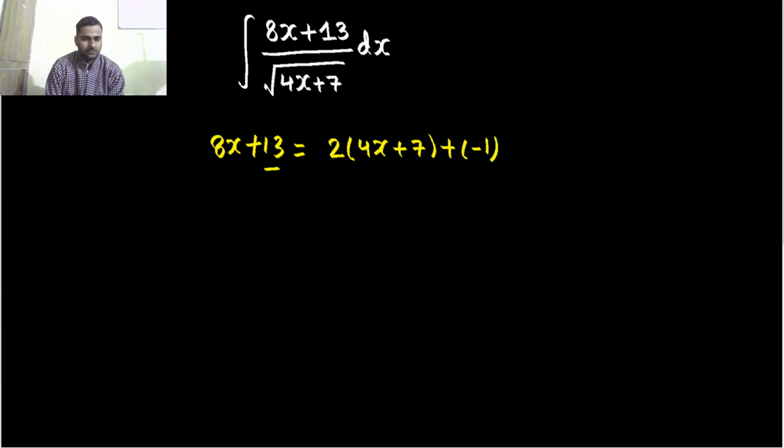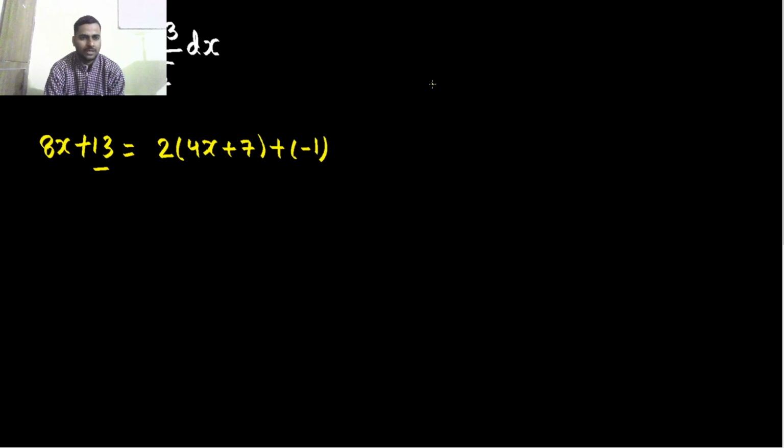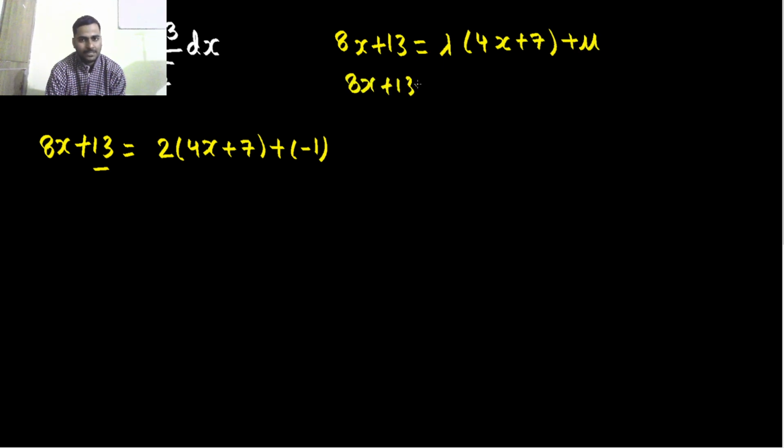Let's do the lambda mu method parallelly also so that you don't face any problem. The outer linear expression, whatever is in the numerator which is not inside the root, can be written as lambda times whatever is inside the root, 4x plus 7, plus mu. Now we'll compare the coefficients. 8x plus 13 is 4 lambda x plus 7 lambda plus mu, which plays the role of the constant term.